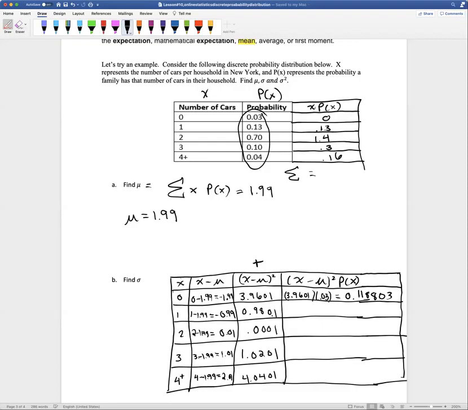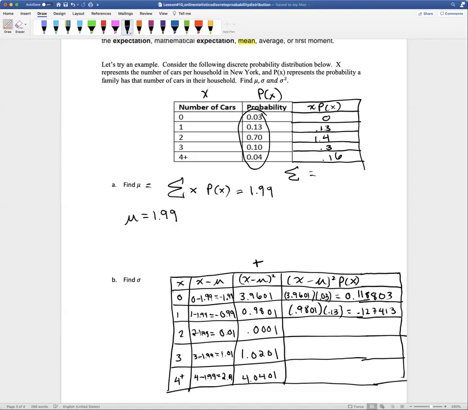Okay, the next one, x minus mu squared times p of x. We already know x minus mu squared over here is 0.9801. P of x, the probability that a household has one car, is 0.13. So 0.9801 times 0.13, and there we get 0.127413.